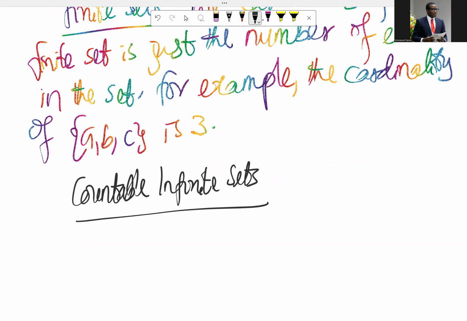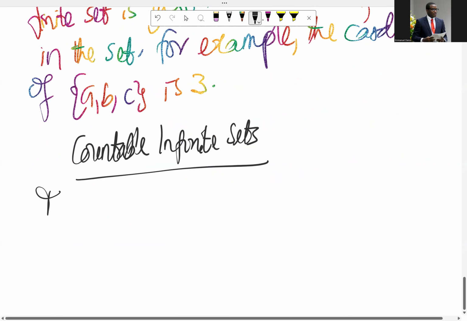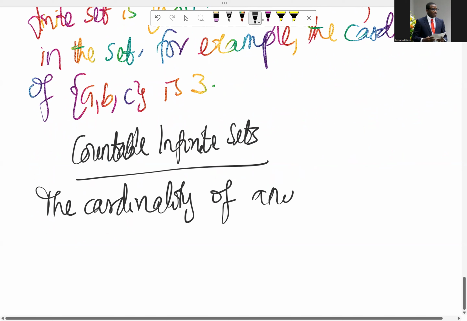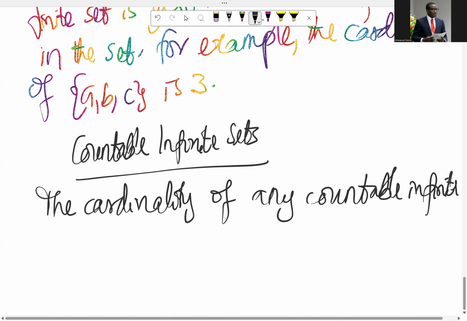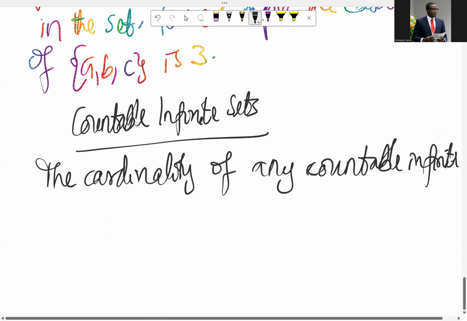So how do we talk about the cardinality of countable infinite sets? They are infinite because you cannot list all the elements, countable because you can list the elements in such a way that they match with the natural numbers.